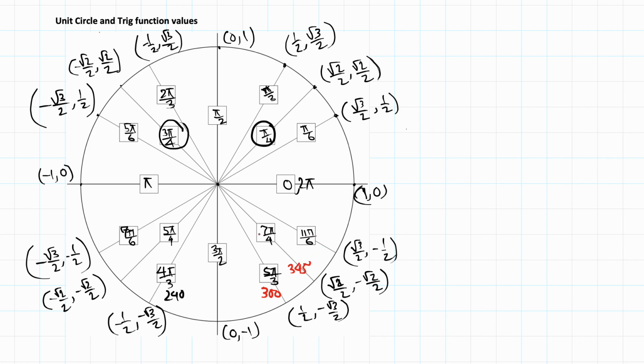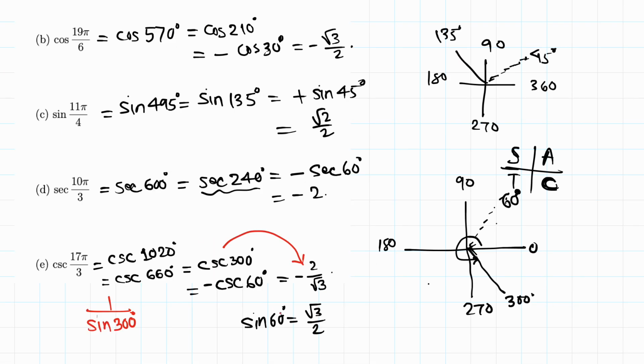That's not 345. This is 315. Anyway, this one, and this is sine 300. So cosecant would be reciprocal, negative 2 over root 3. Okay, that's what we found here, final.